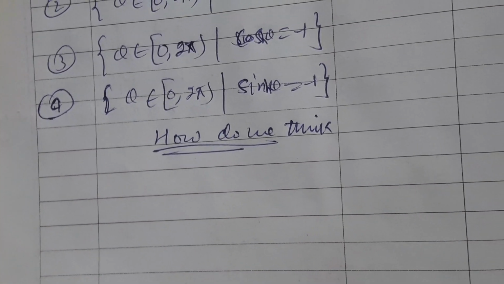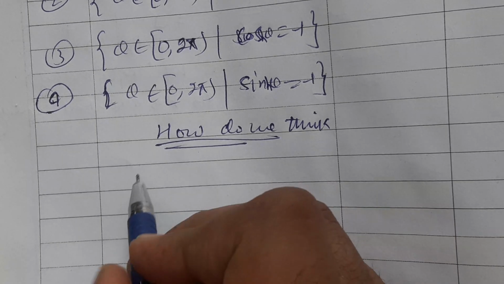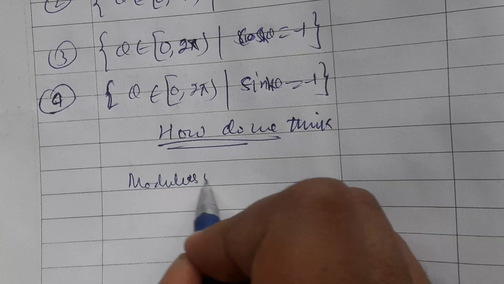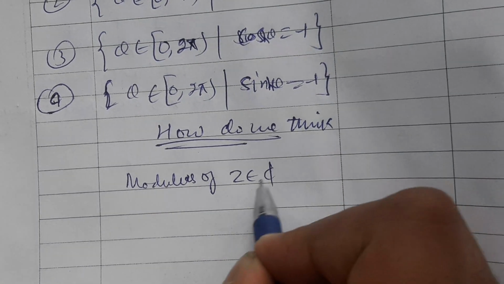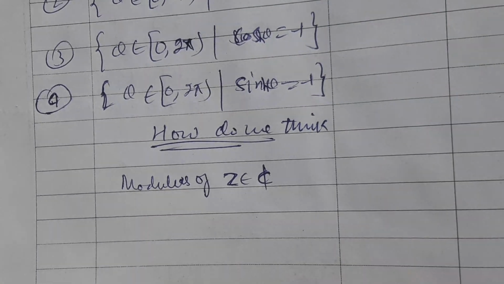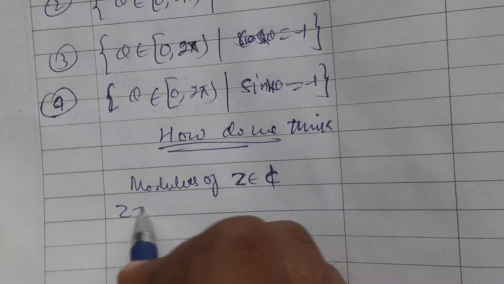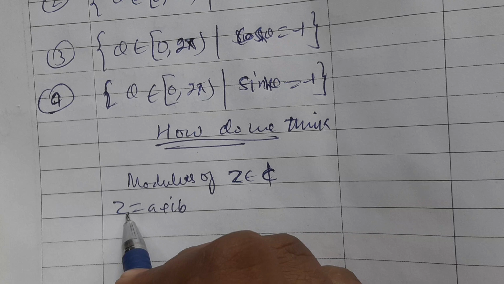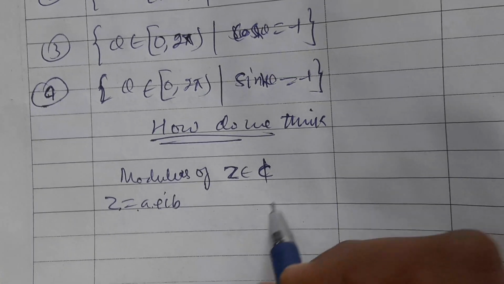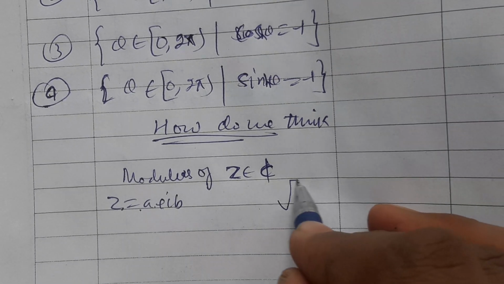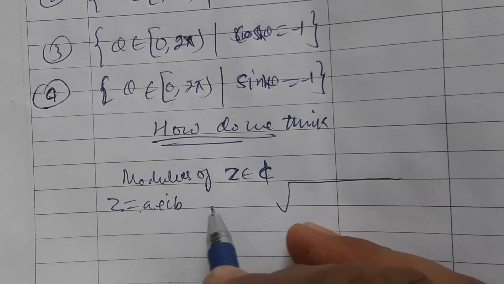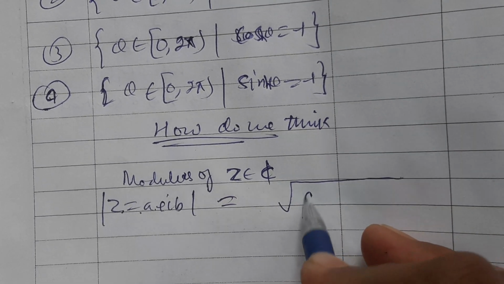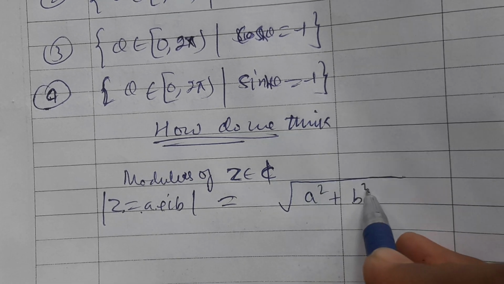Before doing this question, let me inform you about the modulus of a complex number. Let me call the complex number a plus ib. The modulus of the complex number z equals a plus ib is the square root of the sum of the squares of the real part and the imaginary part.